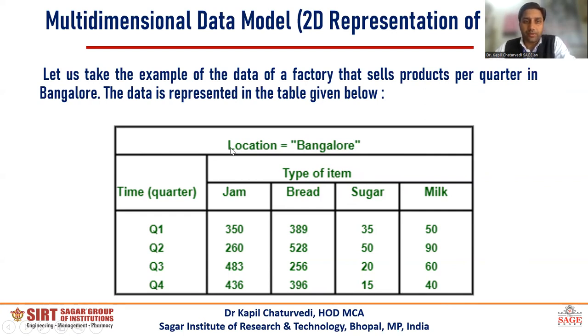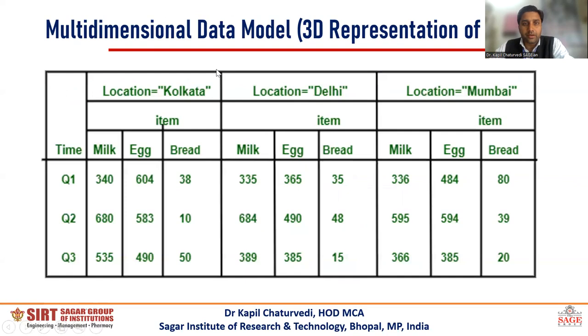So we can see here that is one dimension, and the second dimension is the type of item for the different quarters Q1, Q2, Q3, and Q4. So that is the two-dimensional representation of the data. Now we are talking about three-dimensional data. So what we are doing here, we are dividing the data into three dimensions: location, item, and time.